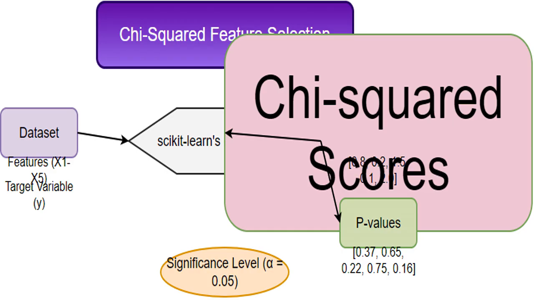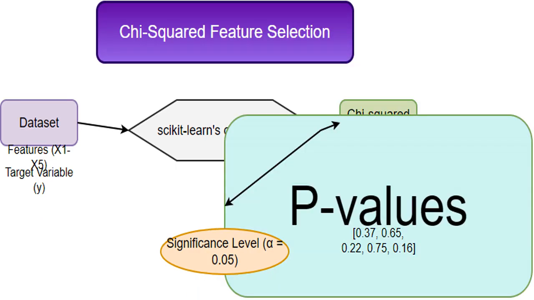A higher score suggests a stronger relationship. The p-values 0.37, 0.65, 0.22, 0.75, 0.16 tell me the probability of observing the data if there's no actual relationship between a feature and the target.